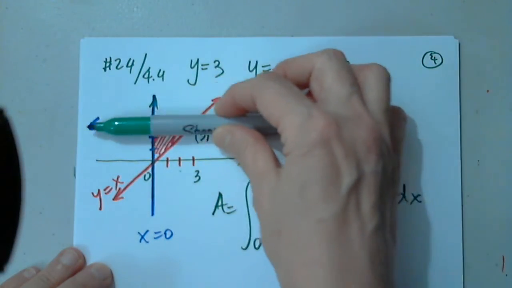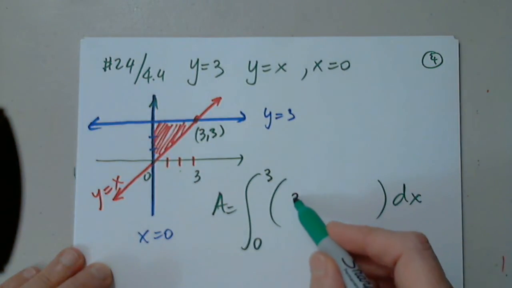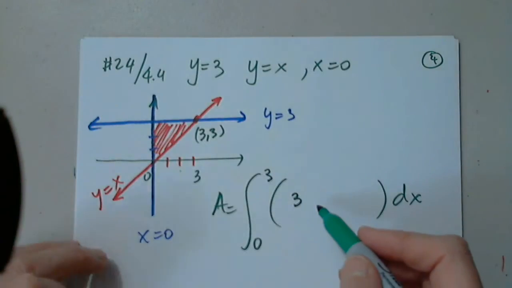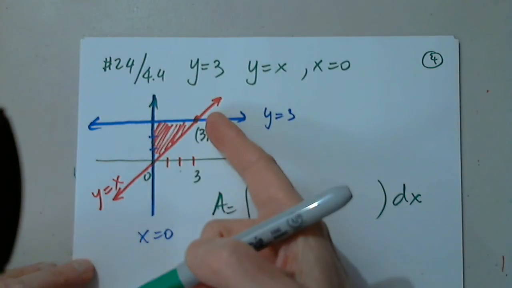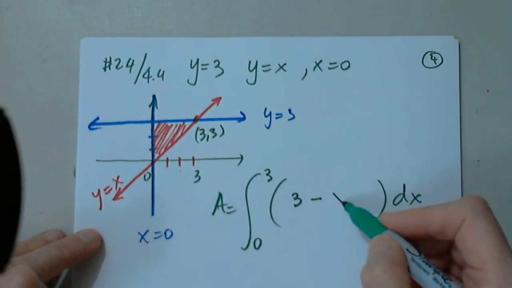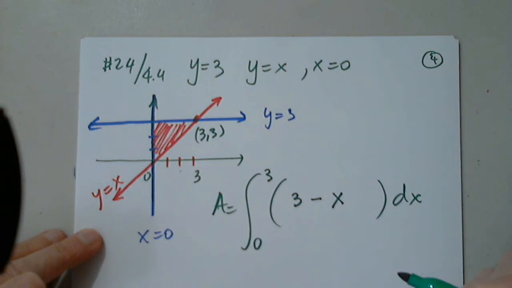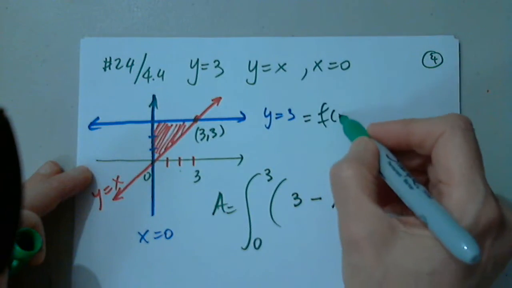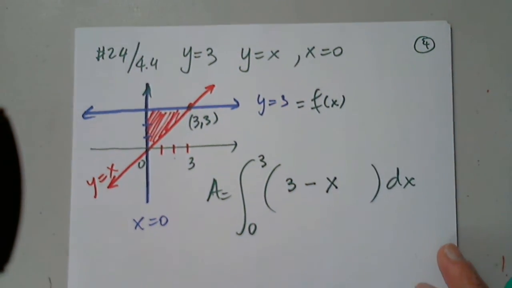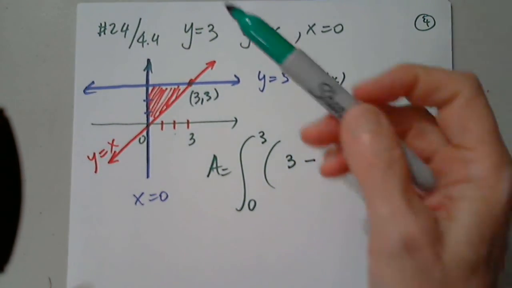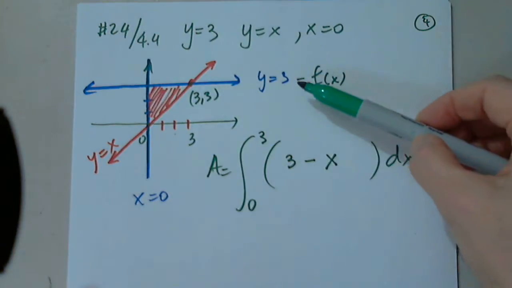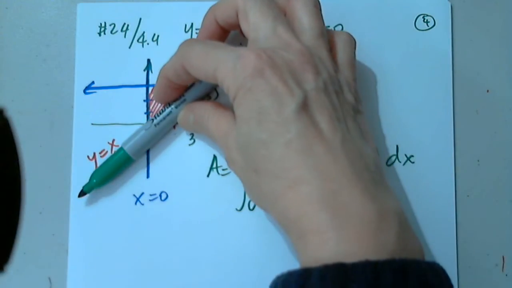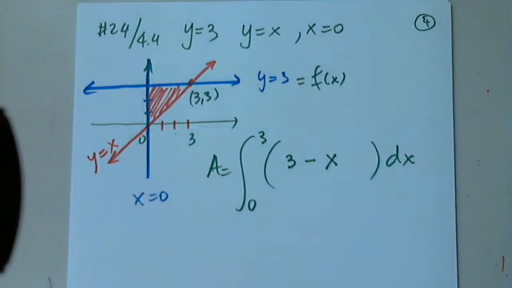So from the function from above, which is y equals 3, minus the function from below, which is x, I can still write it like that because this is f of x. So yeah, it works. So from function from above, which is f of x equals 3, minus the function from below, which is x.